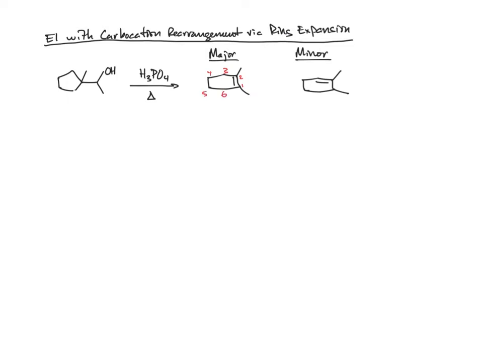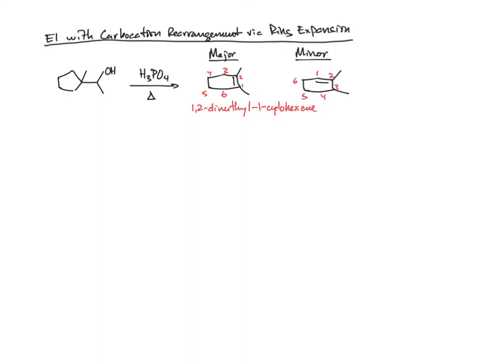So here we have 1,2-dimethyl-1-cyclohexene. Here we have 1, 2, 3, 4, 5, 6.